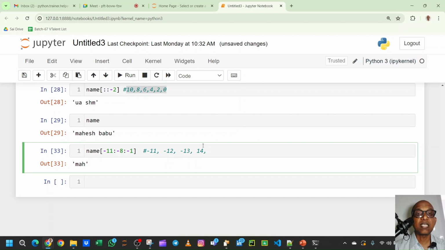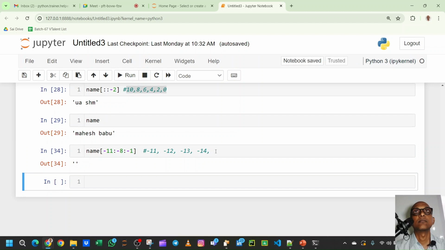If this is the case, will it ever reach -8? It will never reach it. It just keeps on decrementing the values, -11, -12, -13. It will never reach -8. So there is no error, but you're going to get nothing. It doesn't make any meaning for Python, but at the same time, Python will not report any error to you.